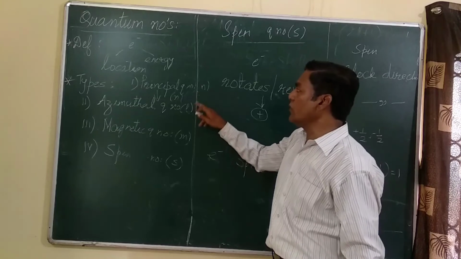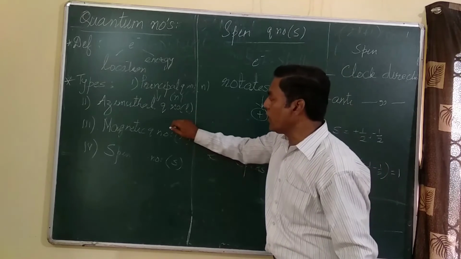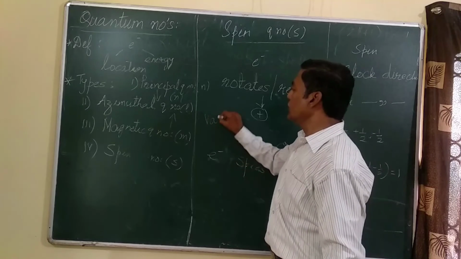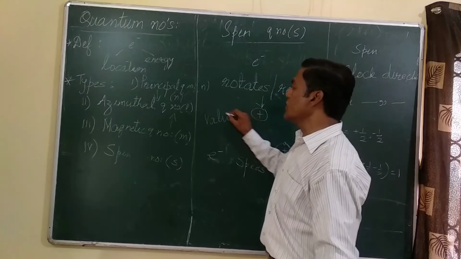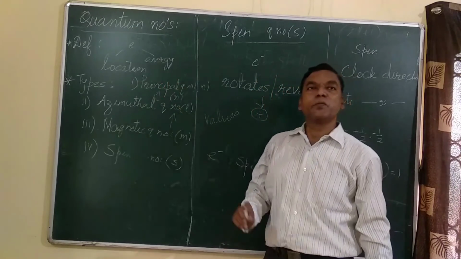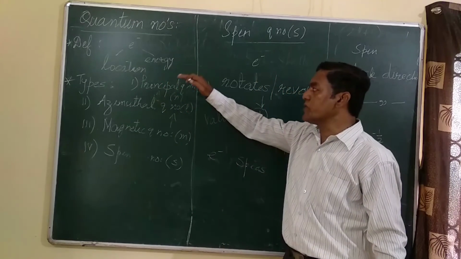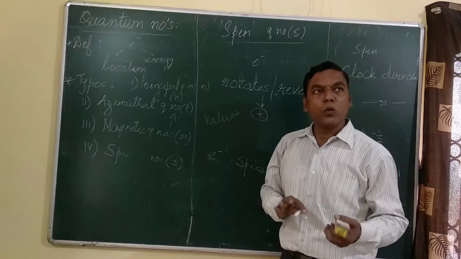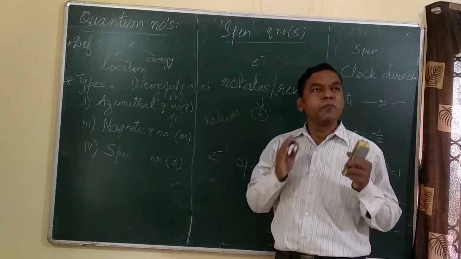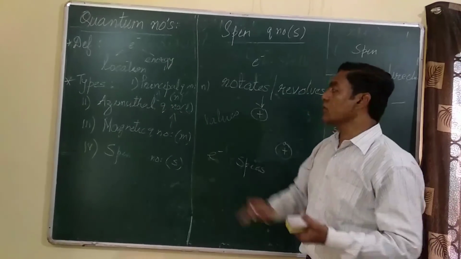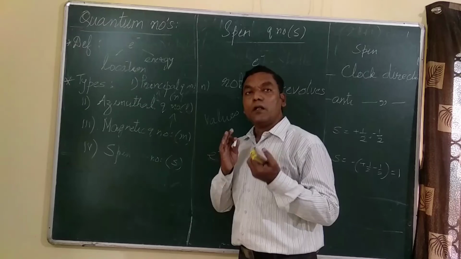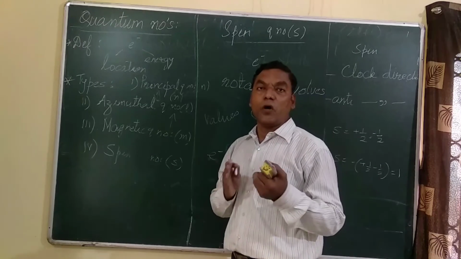Then we have seen how the values of the magnetic quantum number depend upon the values of the azimuthal quantum number, and how the values of the azimuthal quantum number depend upon the values of the principal quantum number. Then we have seen how the principal quantum number represents only the shells, how the azimuthal quantum number represents only the subshells, and how the magnetic quantum number represents only the different orientations of the orbital.